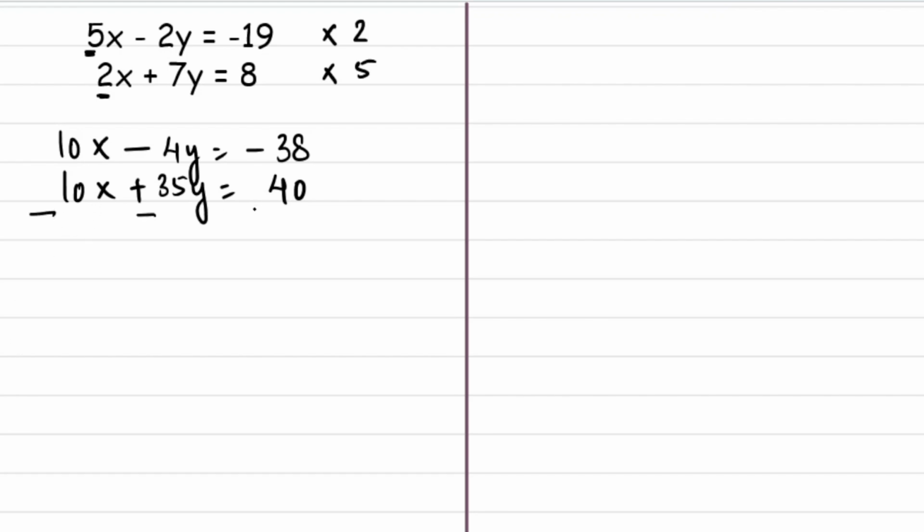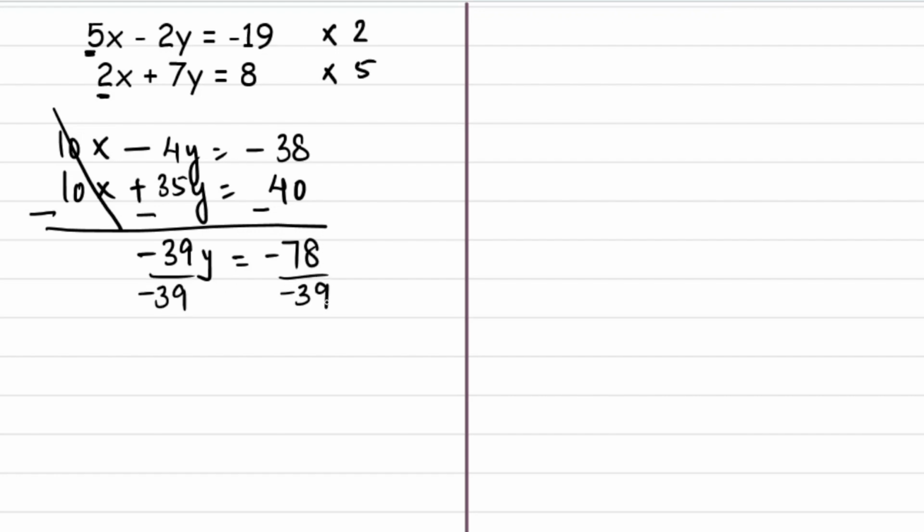Subtract the equations and 10x minus 10x is 0. So the x variable is eliminated. Minus 4 minus 35 is minus 39. So I get minus 39y on this side, equals minus 38 added to minus 40, which is minus 78. Divide by minus 39 on both sides to get the value of y as 2.